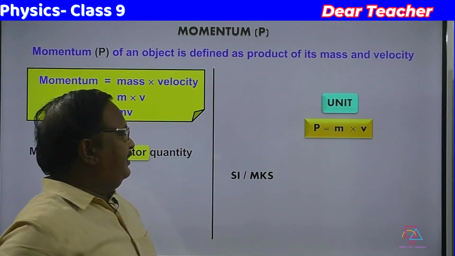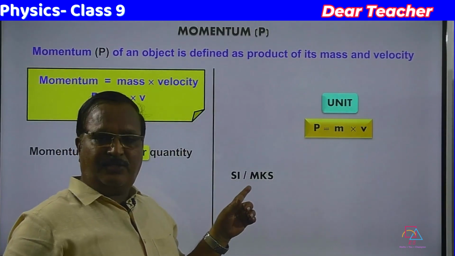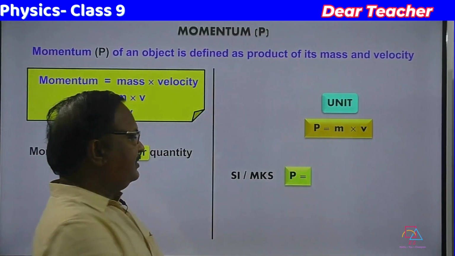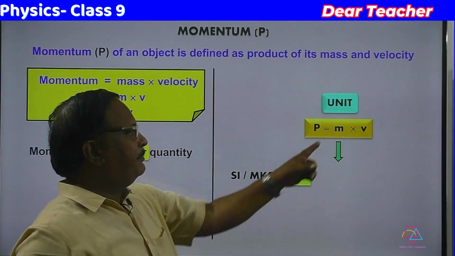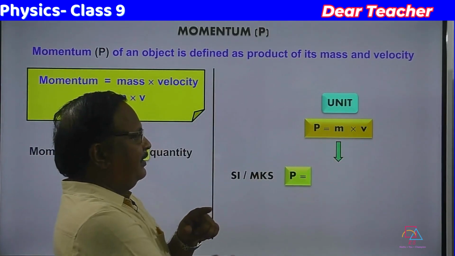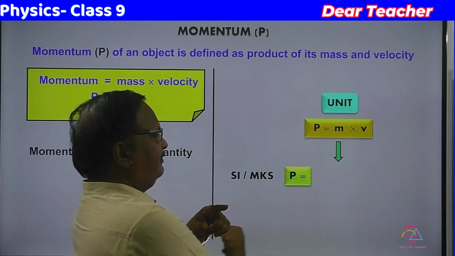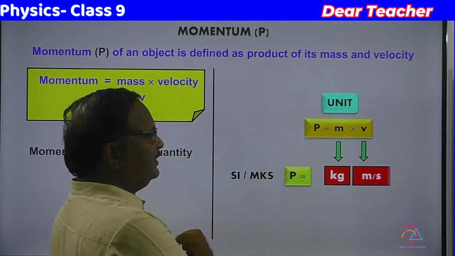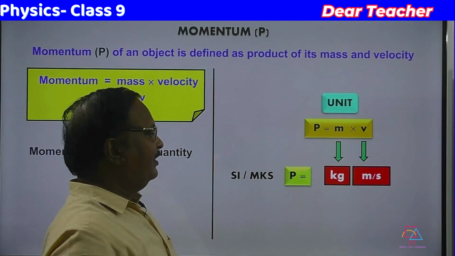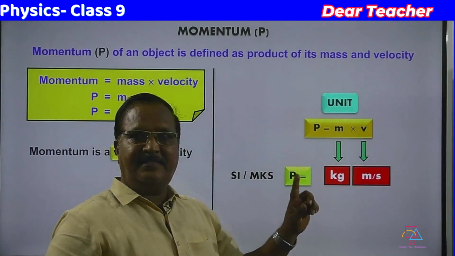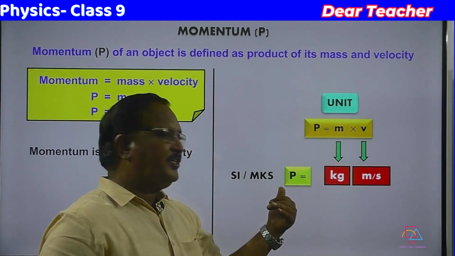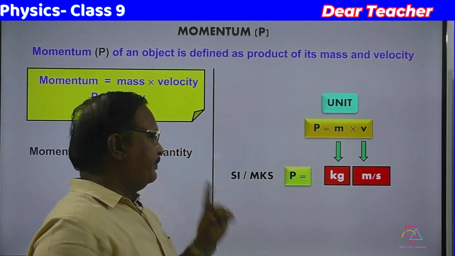So let us see the SI system or MKS system. In the MKS system, the mass unit is kilogram and the velocity unit is meters per second. So the total unit is kg meter per second, the unit of momentum in the MKS system.